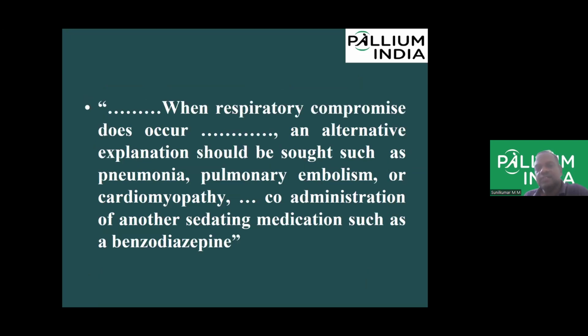And if respiratory depression occurs, you have to see whether there are any other problems for this patient, like pulmonary embolism, pneumonia, cardiomyopathy, or are you administering a benzodiazepine along with opioids? So these are the other factors which can aggravate this problem.